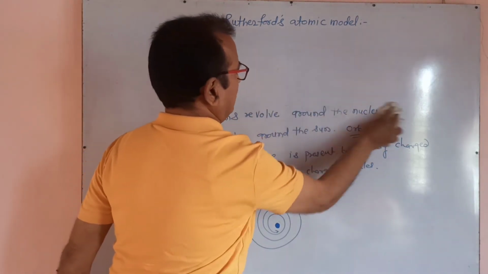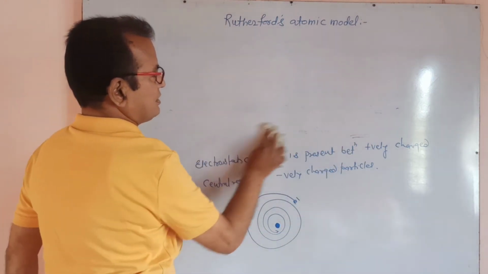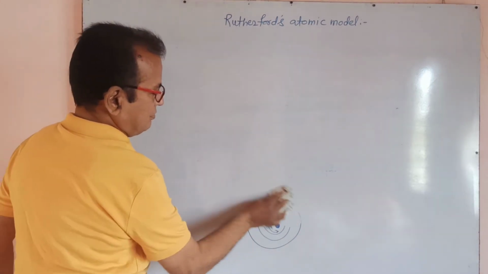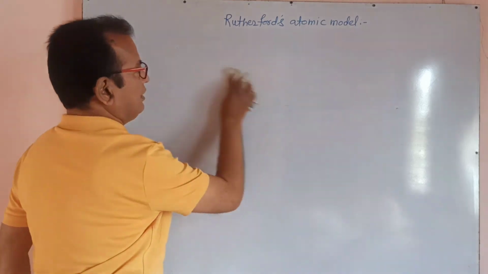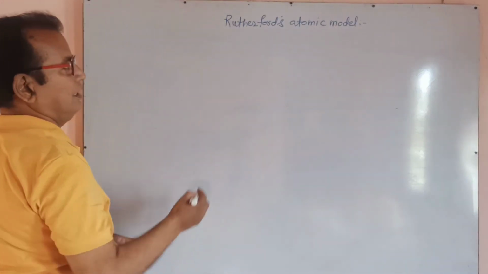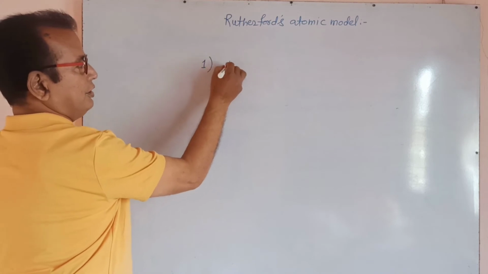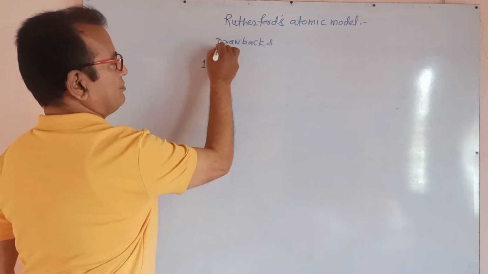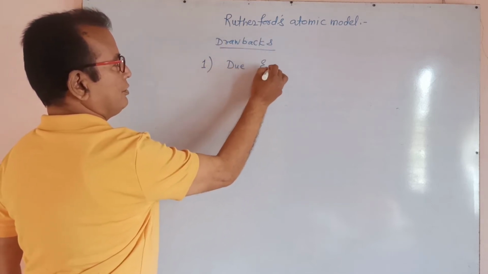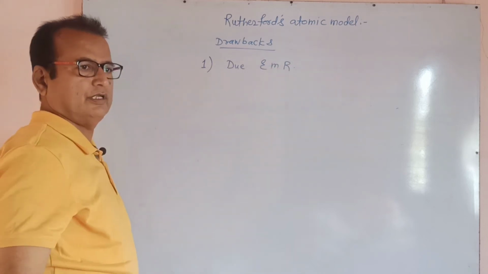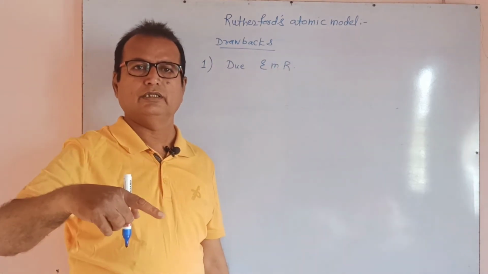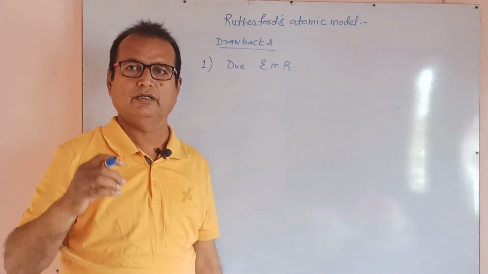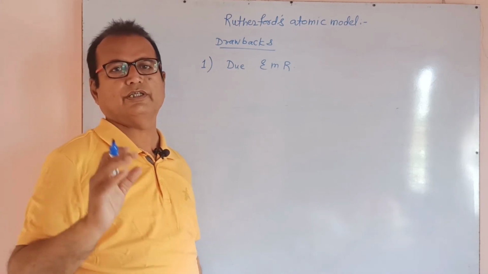Maxwell says that when you are rotating a charged body around another charged body, electromagnetic radiation takes place. According to Maxwell's theory, due to electromagnetic radiation, when an electron revolves around the nucleus, this one charged body rotates around another charged particle, and radiation of energy takes place.